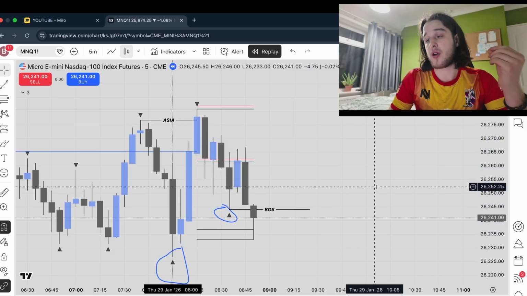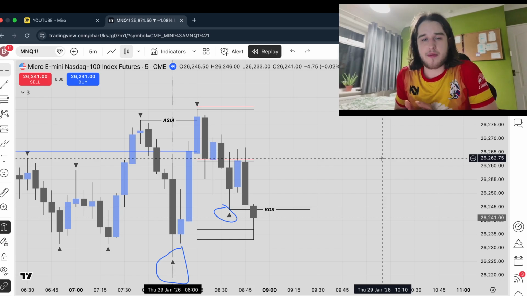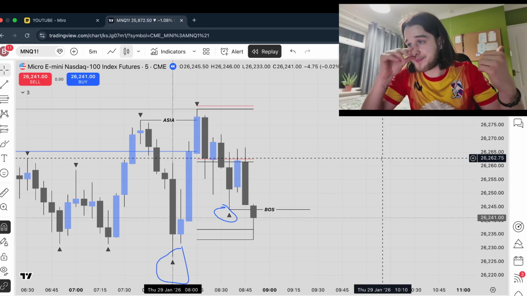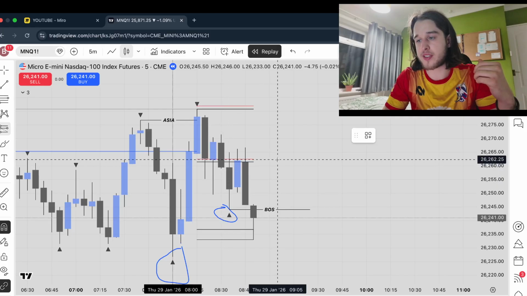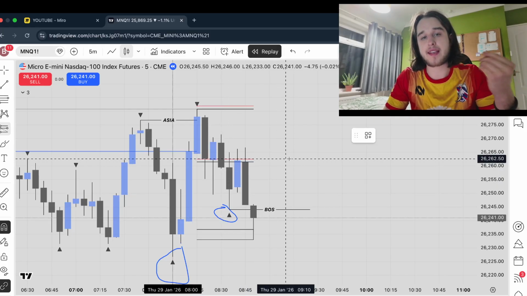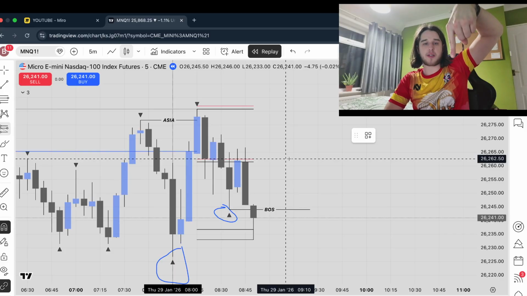So as I explained in the last video, the short position and the long position, buying or selling the market, this is where it's going to come into play. And because we've swept the high, we are looking for a sell, yeah?